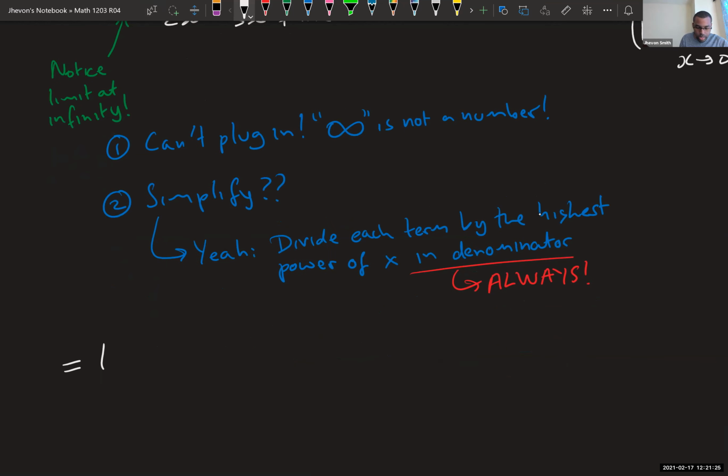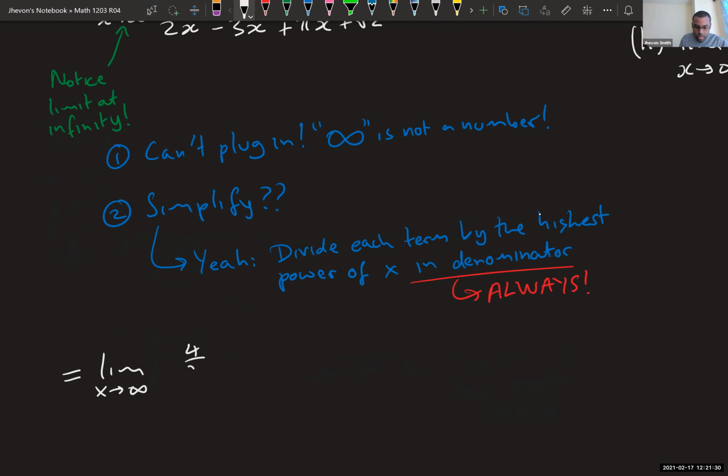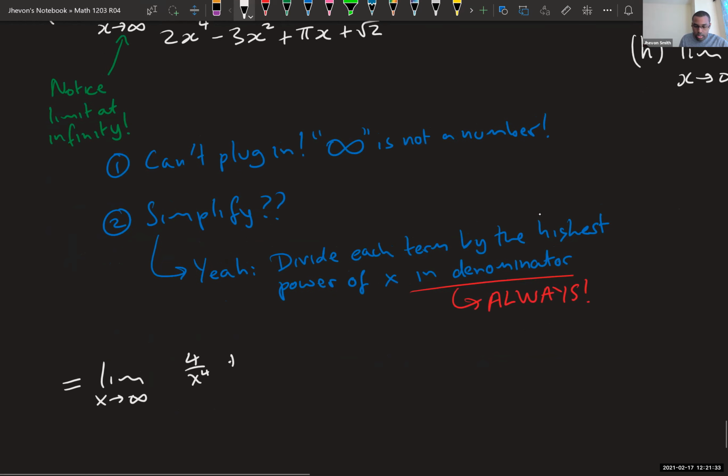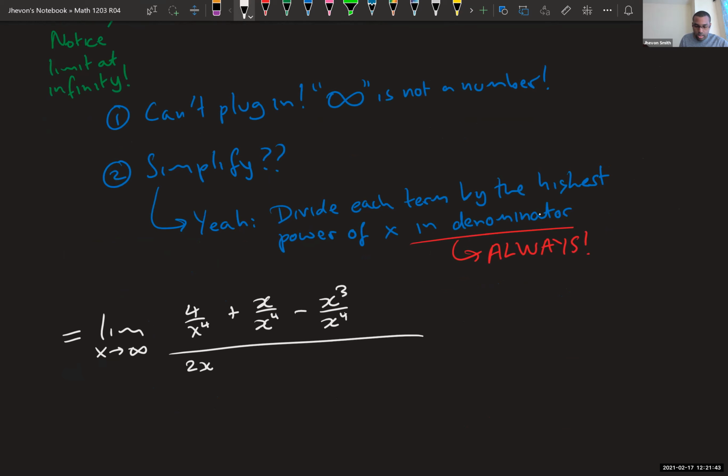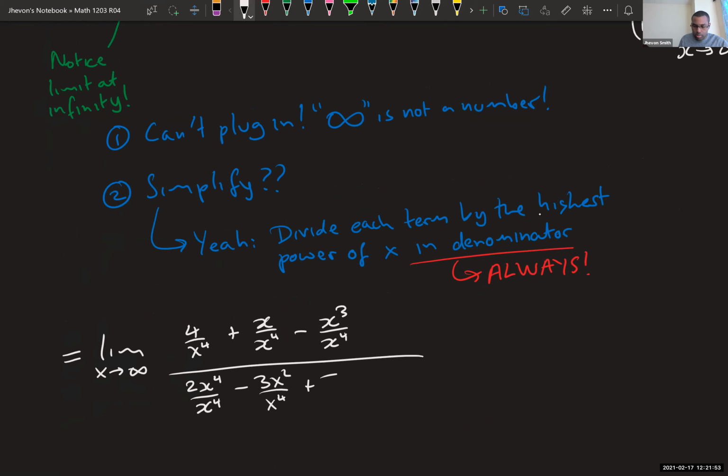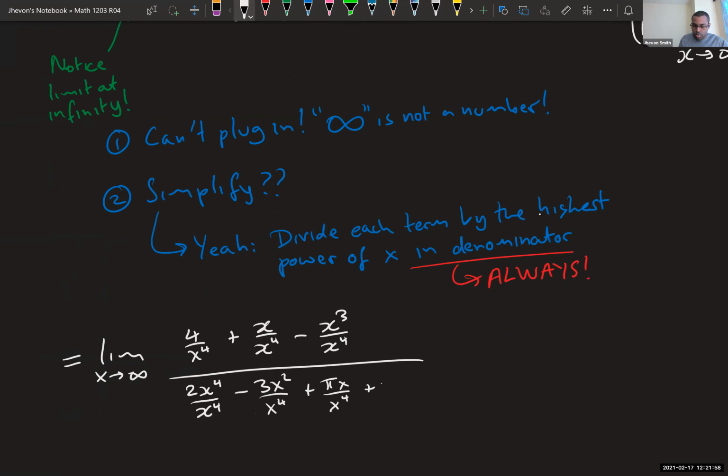So this is going to look like the limit as x approaches infinity of, I'm going to do 4 over x to the 4th plus x over x to the 4th minus x cubed over x to the 4th, over 2x to the 4th over x to the 4th minus 3x squared over x to the 4th plus pi x over x to the 4th plus rad 2 over x to the 4th.